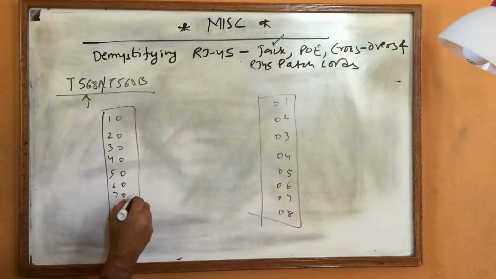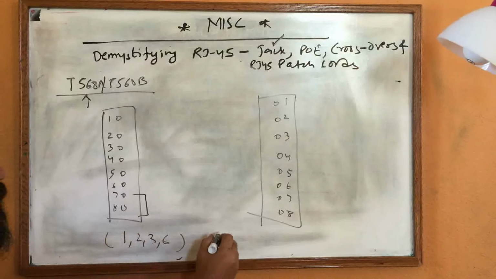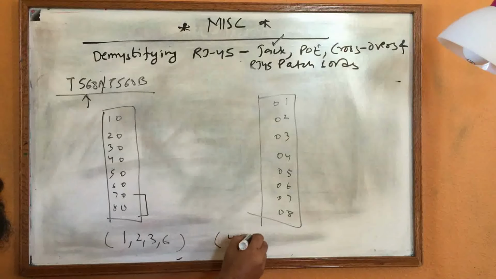Right? So here what we know is what is used and what is not being used. We know for sure that pins 1, 2, 3, and 6 are the only ones used for the data connections, and the remaining 4, 5, 7, and 8 are not used. They are NC.